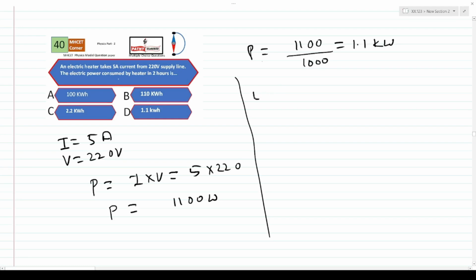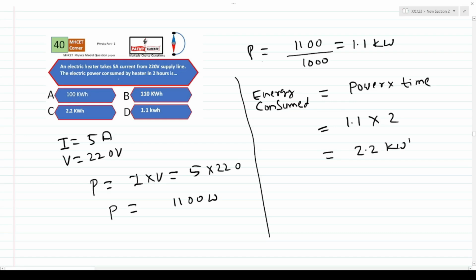Now energy consumed equals power into time, that equals 1.1 into 2, so that is 2.2 kilowatt hour.